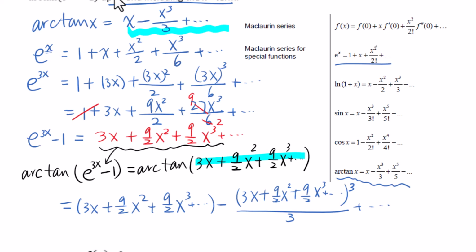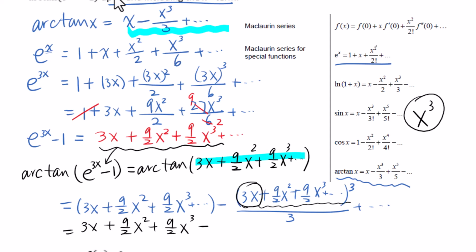Remember, we only need the Maclaurin series up to x to the third power. Equals 3x plus 9 over 2 x squared plus 9 over 2 x to the third power, then minus. For this binomial expansion, only 3x to the third power is the term with x to the third power: 3x to the third power over 3.